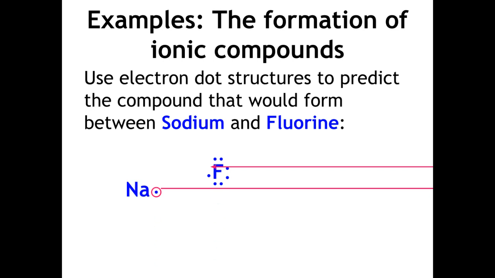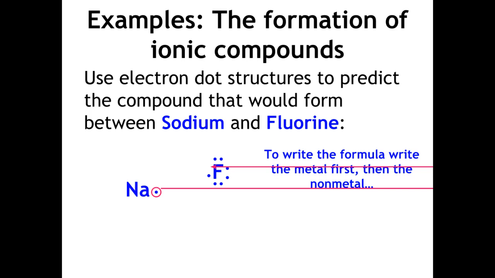Sodium has one valence electron because it's found in group 1 or 1A on the periodic table. Fluorine has 7 valence electrons, which means it needs one electron to look like a noble gas, and sodium needs to lose one electron to fall back down to a noble gas formation.